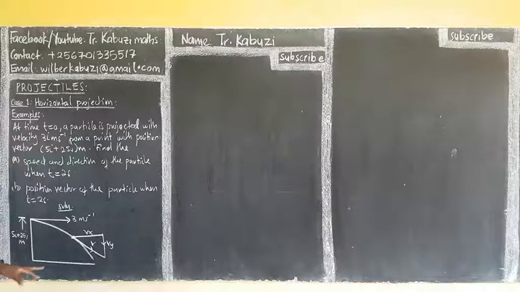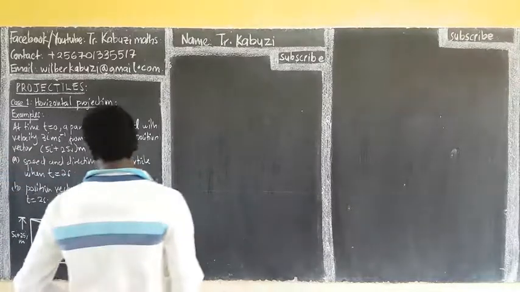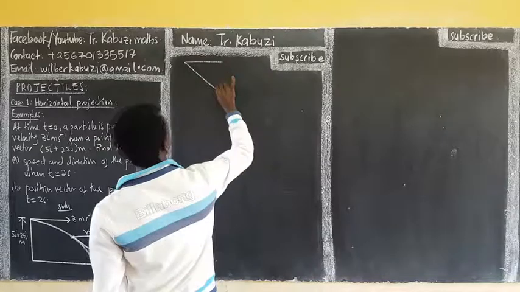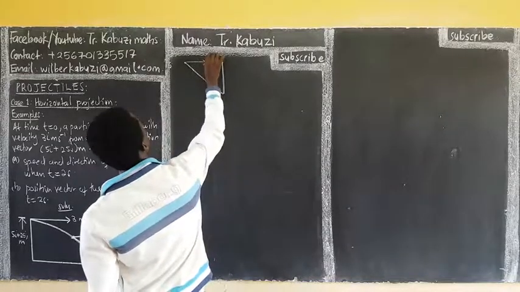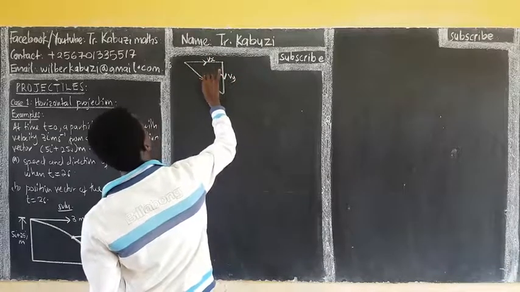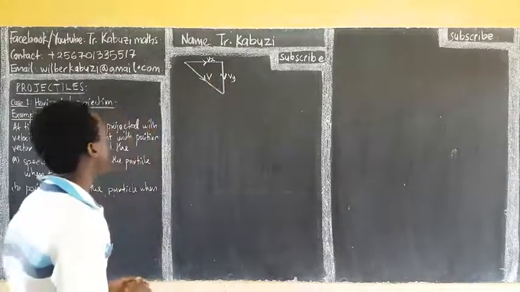So now they are asking us to get the velocity, the speed and direction of the particle after 2 seconds. So now they are giving us time, so it means that they need this v. You know that our v, using this diagram here, this is going to be our vx, and this is our vy. So they need this velocity there. It means that we need to get vx and then vy first.